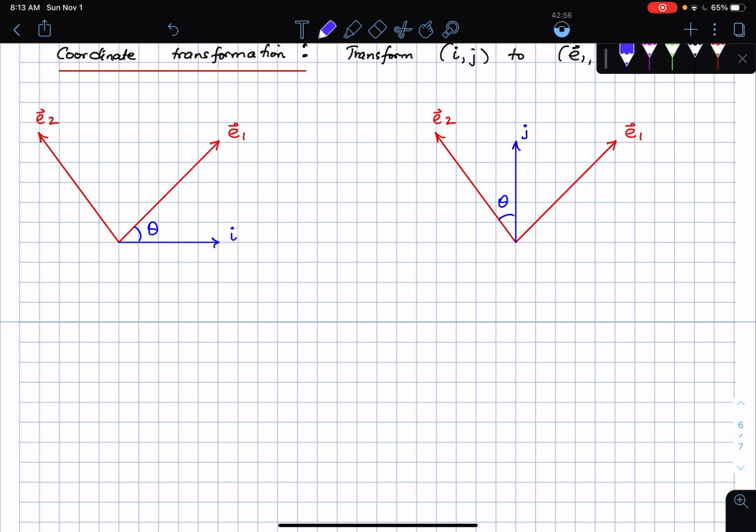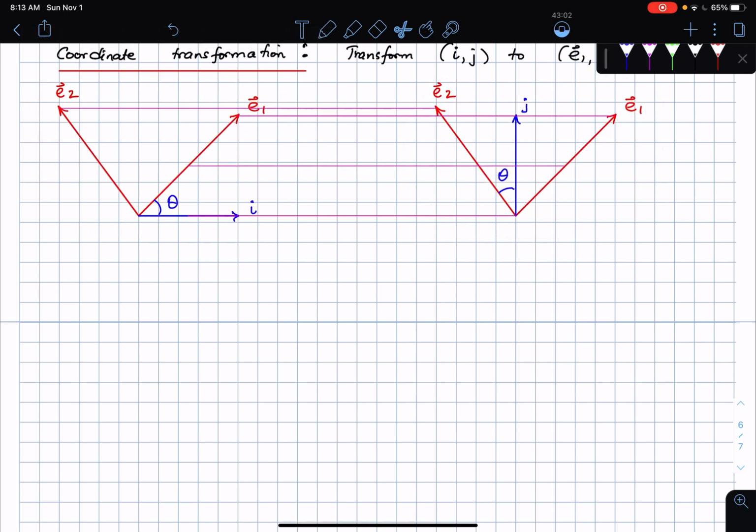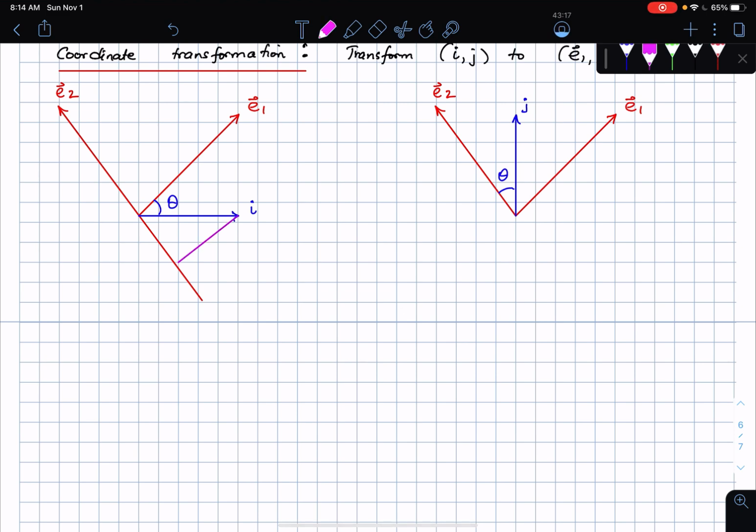For the i unit vector, I recognize that I need to bring E2 onto the other side. So I grab this E2, bring it onto the other side here, so that I extend it down here. Then from the head of i I drop perpendiculars down onto the E1 and the negative E2 directions.